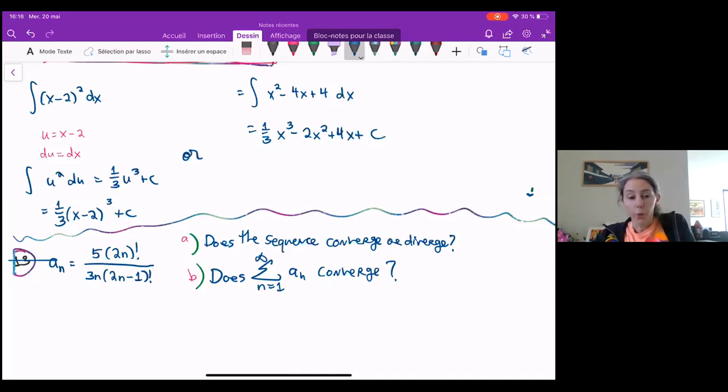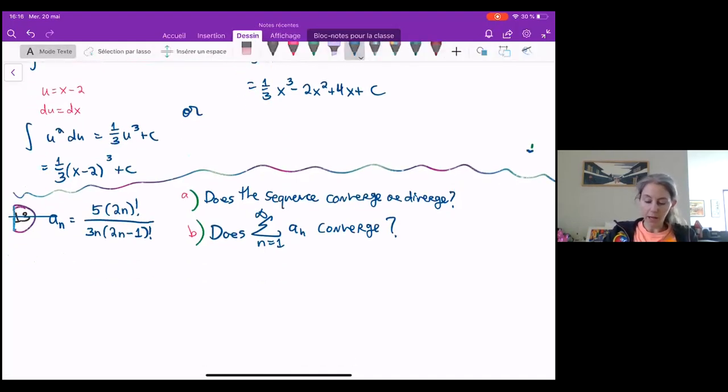Okay, so to determine if a sequence converges or diverges, we start off with a limit. So for A here, I just need to do a limit. And I couldn't help but notice that on your quizzes, most of you just wrote, looks like it converges or looks like it diverges, and did not write limits. We have to write limits.